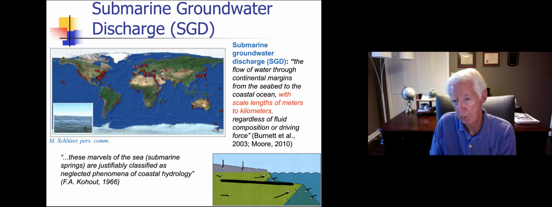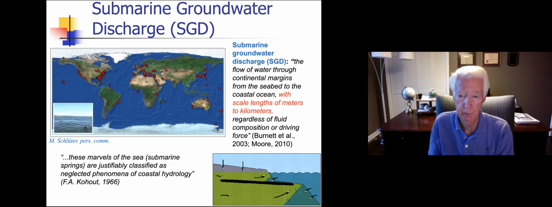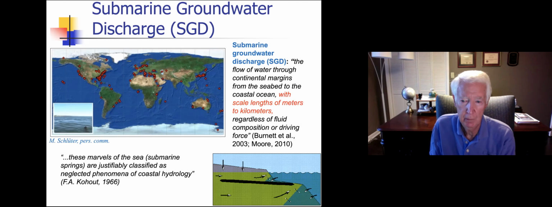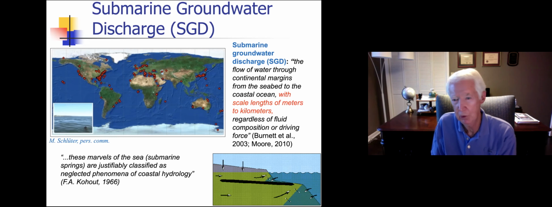And I'm fine with that. I think that works. I think it is a different process. Certainly they overlap, and it may be difficult in some cases to actually tell one from the other. There's some controversy surrounding this, and different people feel different ways. Personally, I would go with the scale length of meters to kilometers.